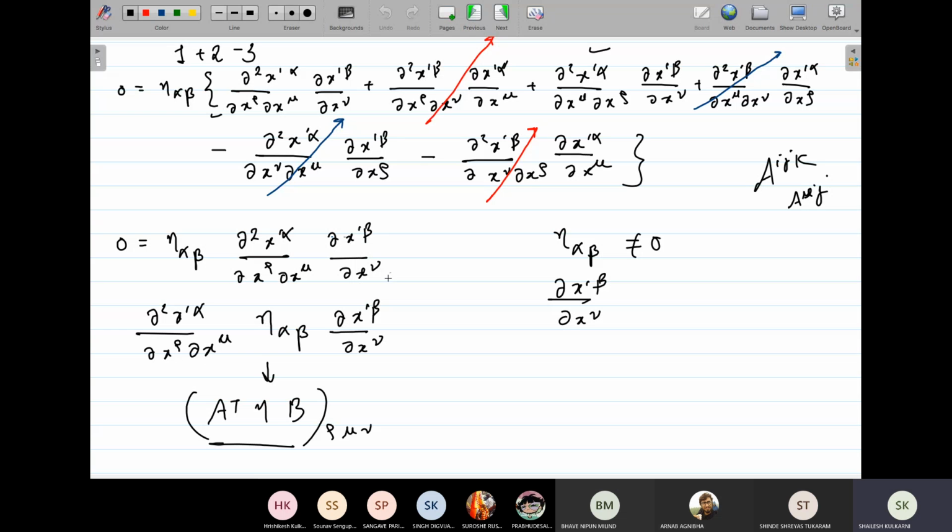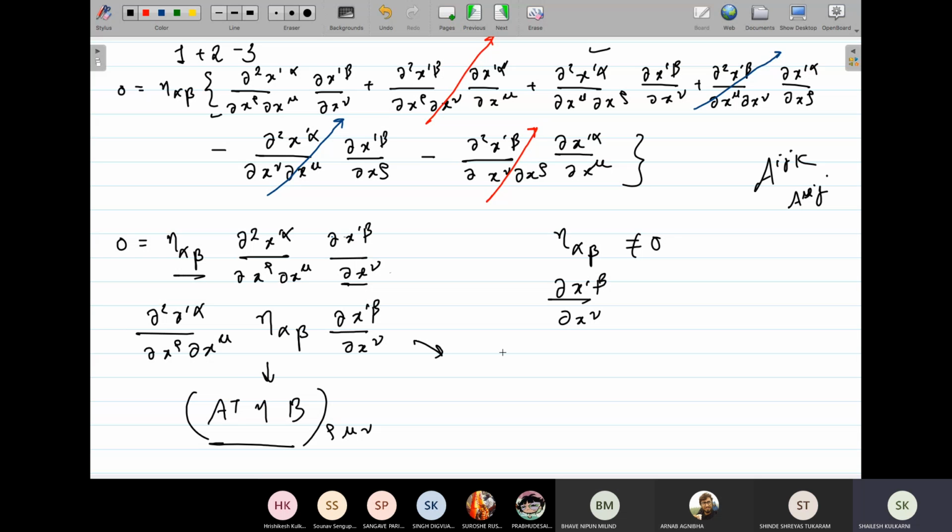If I say that this is 0, then this should be 0 for all betas and all nus. That means all the entries in this matrix will be 0. That means the determinant is 0, which should not be the case. So I should not equate this to 0.